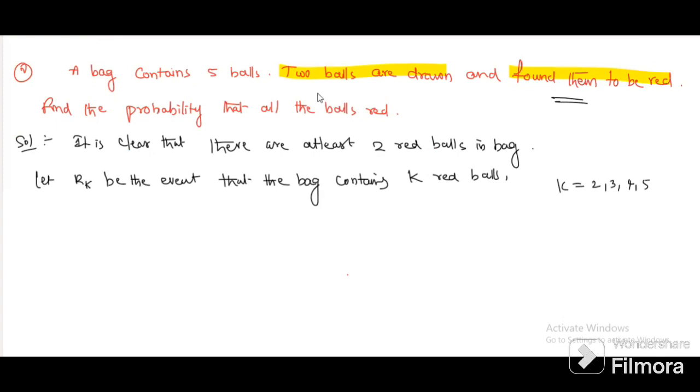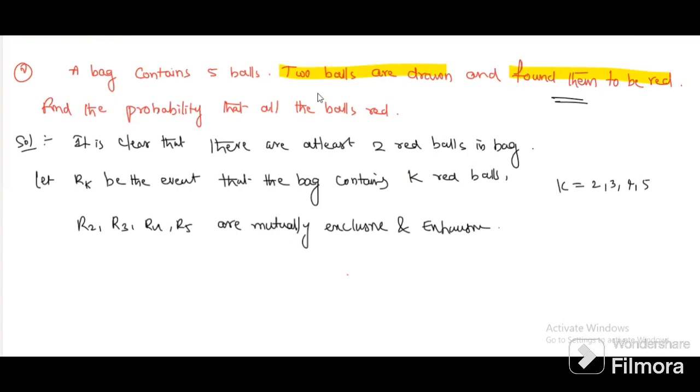So here R2 means 2 red balls in the bag, or 3 red balls, or 4 red balls, or 5 red balls. These are mutually exclusive and exhaustive, because drawing the balls never depends on drawing the other balls.